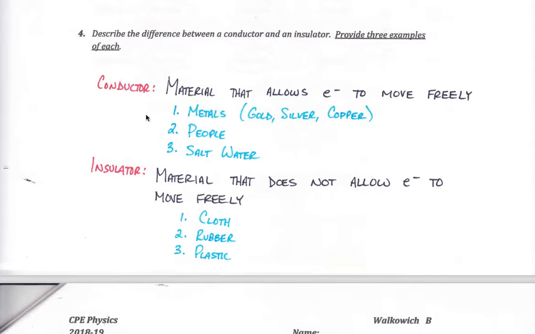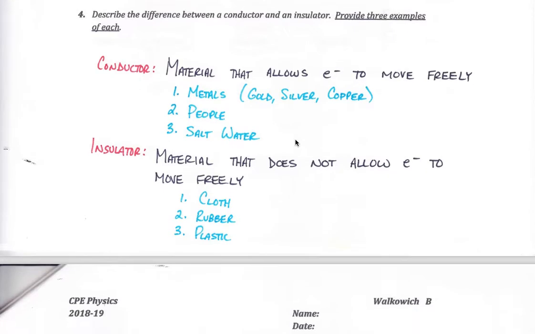So yes, it's true that you get a bigger shock from a conductor because more of the electrons can move to your body. It doesn't mean that that transfer between objects is actually required for the definition of a conductor or an insulator. It has more to do with how easily electrons can move around or within that object, not necessarily how well they can transfer, though there is a connection between those two concepts.